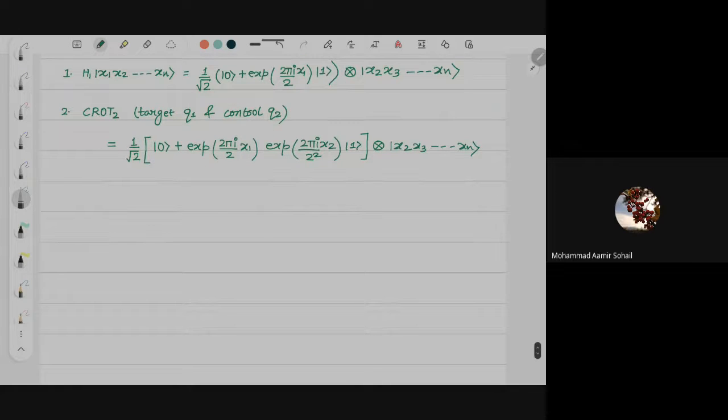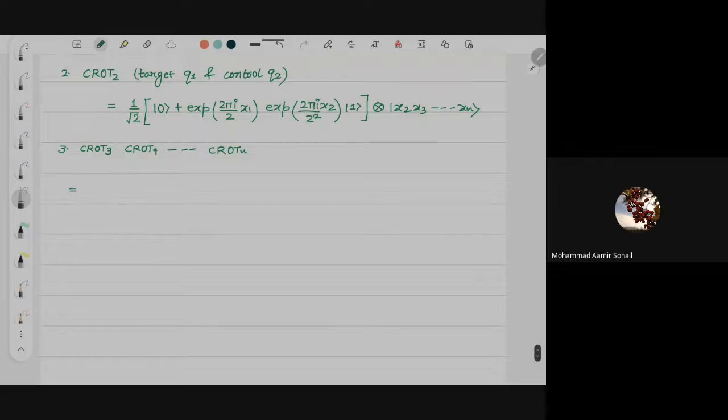Now let's apply the control rotations. Similarly, as we go on and apply control rotation 3, control rotation 4, and so on, after applying control rotation n, we can easily guess the result from the structure. It is simply 1 by root 2, (0 plus exponential of the sum).